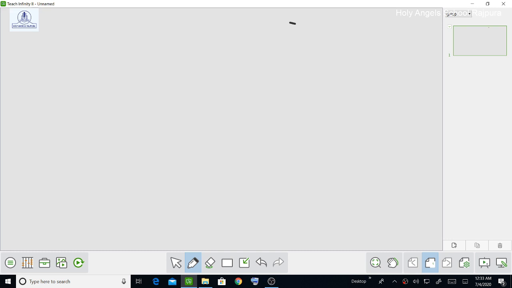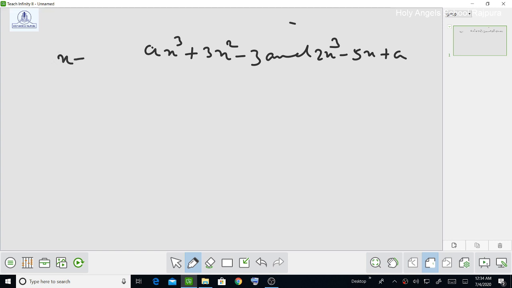Polynomials are ax cube plus 3x square minus 3 and 2x cube minus 5x plus a. Both are divided by x minus 4. Both the polynomials are divided by x minus 4.